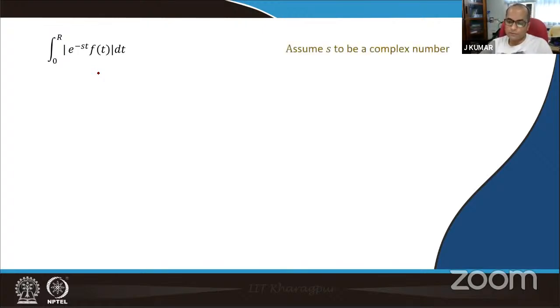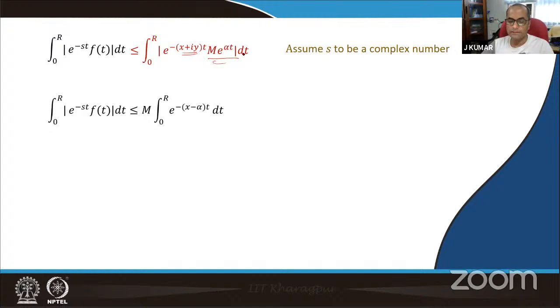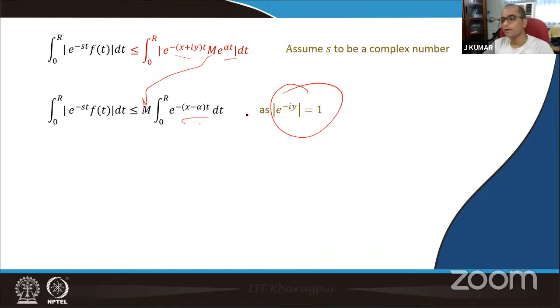Here we can assume s is a complex number, and replace s by x plus i y, and then we have m e power alpha t dt. So we can bring m out, and then we have e power minus (x minus alpha) t, since the absolute value of e power i y t is equal to 1.